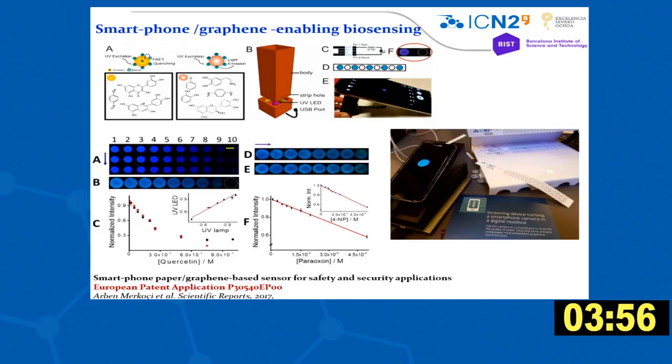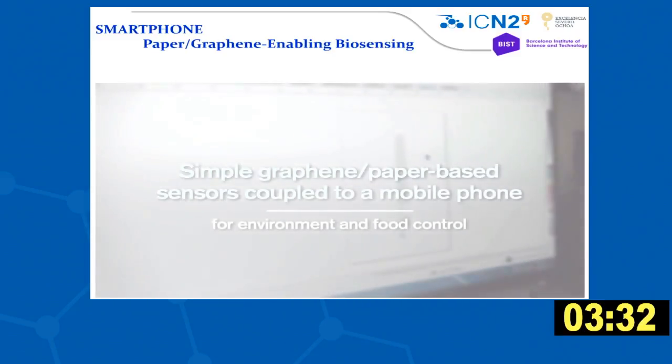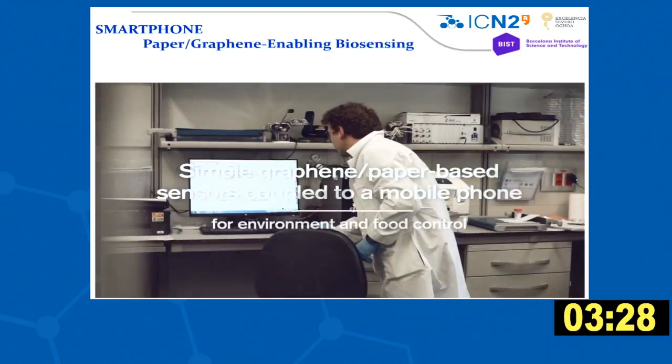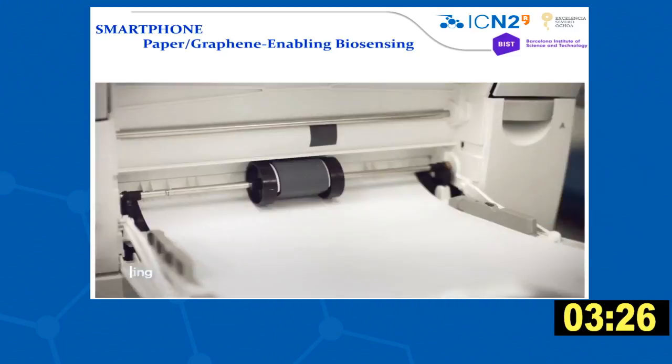What we achieve with this is, by simple imaging of this paper with graphene quantum dots based on the quenching of fluorescence, we are able to detect different kinds of compounds, and the idea is to convert these into family detection of compounds or toxicity tests, with interest for water toxicity and other applications. You can see also here how the system works, just to see how simple this is and how these images are taken.